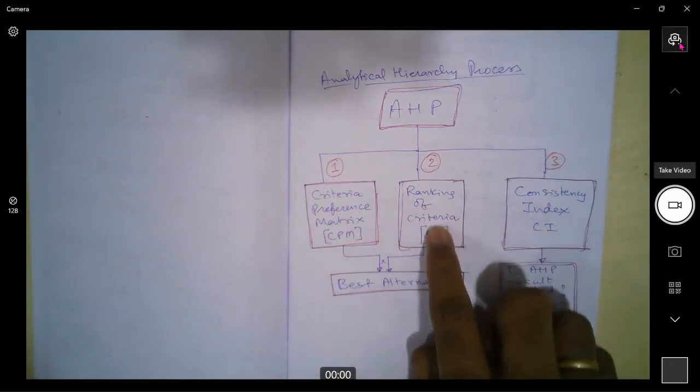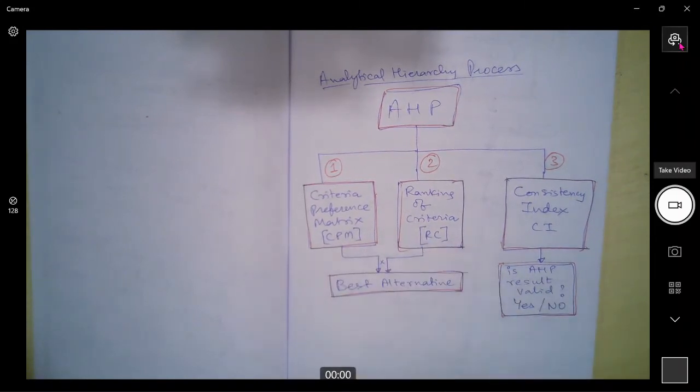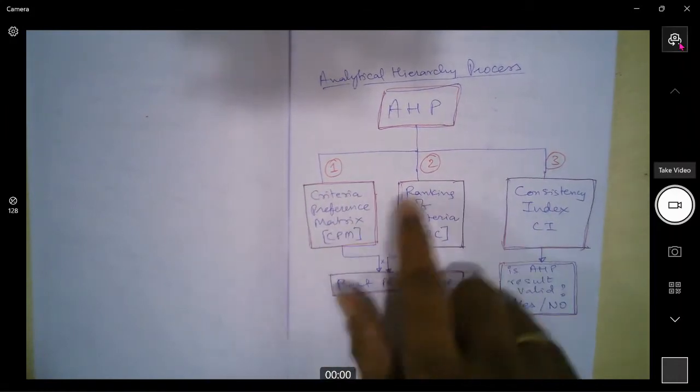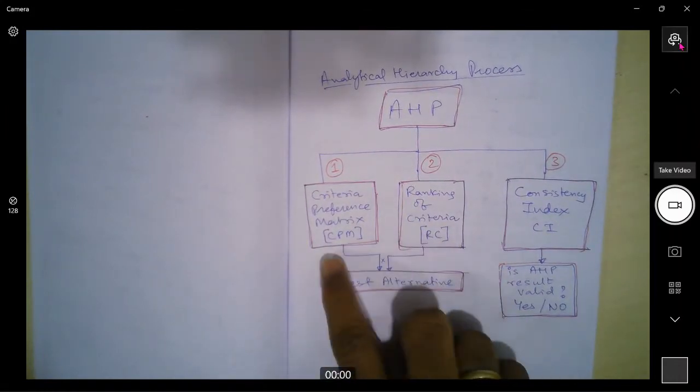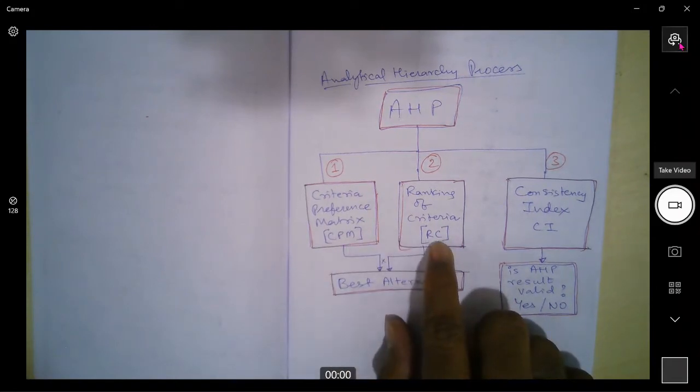Then you have to calculate the ranking of criteria, or let's call it RC. This is my terminology. So once you do sub process 1 and 2, then whatever this matrix, and here this will be like a vector or a single column matrix.